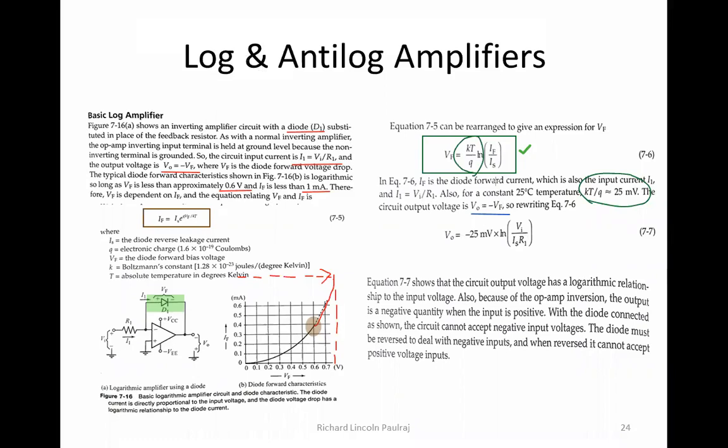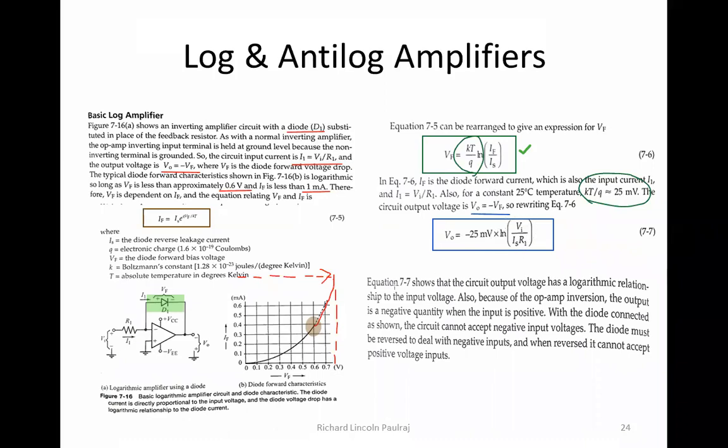This seems much more refined, because we have few numbers here and we know what If is: If is Vi by R1. And kT by q, we have substituted the values. Now, instead of having Vf, we know that our output voltage has a logarithmic function.